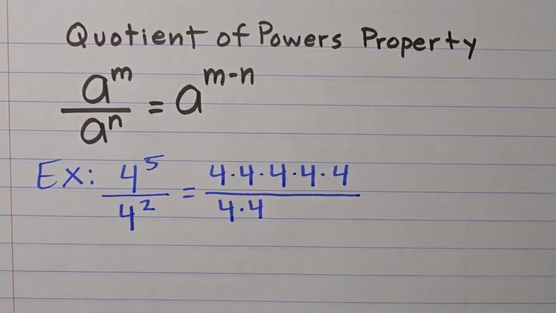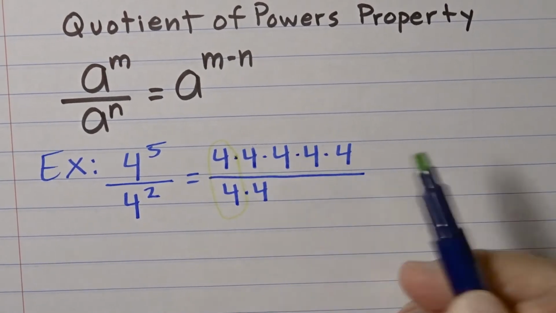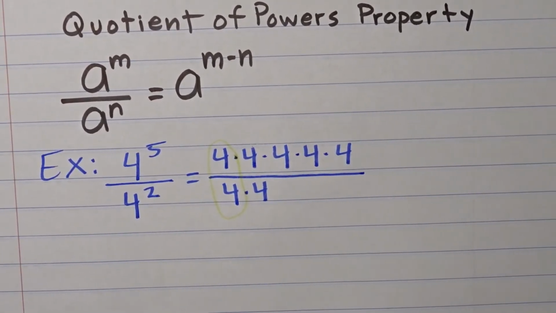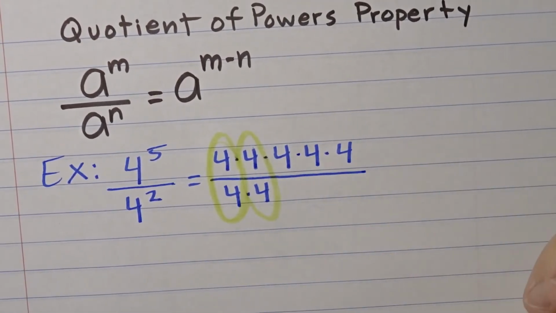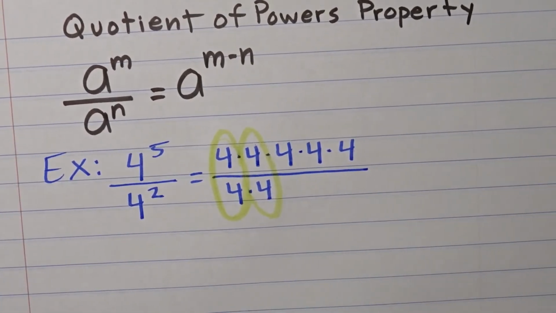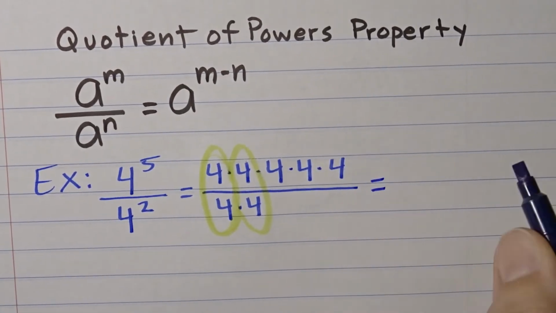Now, we could actually consider these to be a 1. 4 divided by 4 is 1. Another 4 divided by 4 is another 1, which now leaves me with 4 times 4 times 4. So I'm going to rewrite everything we just said.